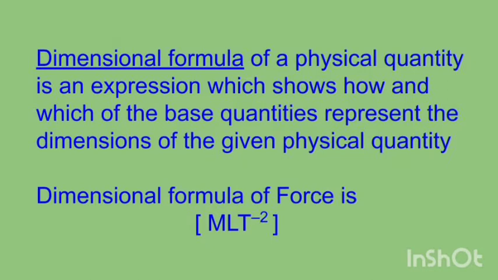Dimensional formula is an expression which shows how and which of the base quantities represent the dimensions of the given physical quantity. Like M L T to the power minus 2 is the dimensional formula for force, and M L square T to the power minus 2 is the dimensional formula for work and energy.